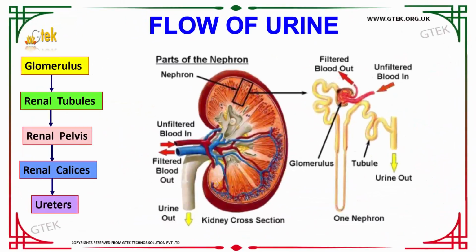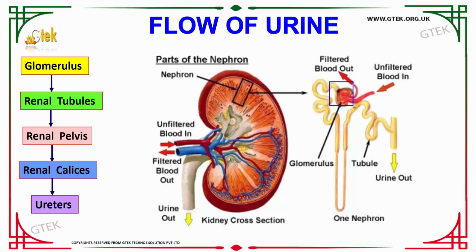Next we are going to study how the flow of urine is generated. Initially we saw that we have a filtration process of the blood, and that is done in the glomerulus of the nephron. Your nephron is the structure of which your kidney is made up. Your kidney has nephrons. The nephron has a structure like this.